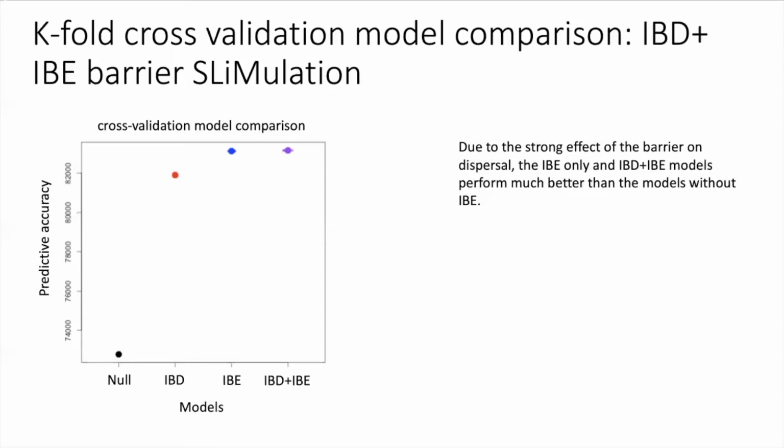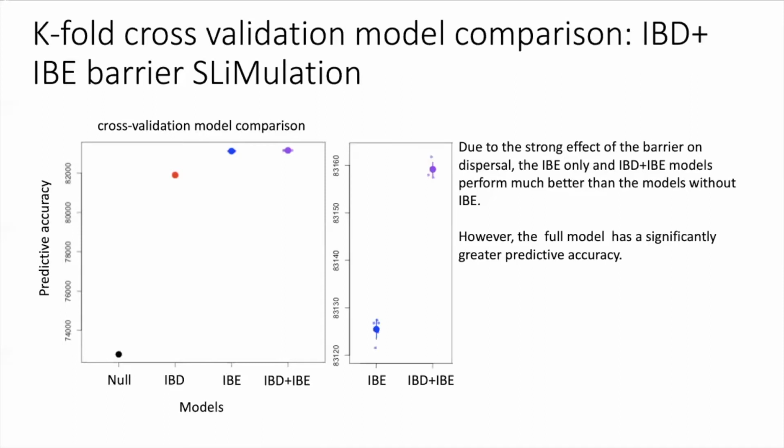The isolation by distance only model does better, but not nearly as well as either of the models that include that strong barrier to dispersal. But then if we zoom in on those, it's very clear that the distribution of likelihoods is not overlapping, and that full model is slightly but significantly better in terms of predictive accuracy.